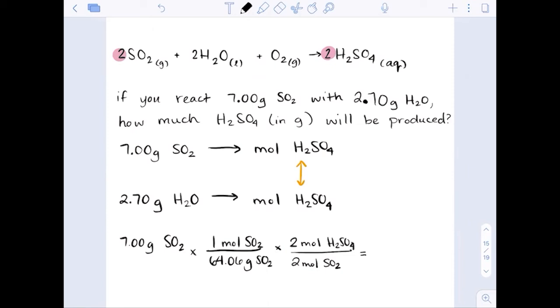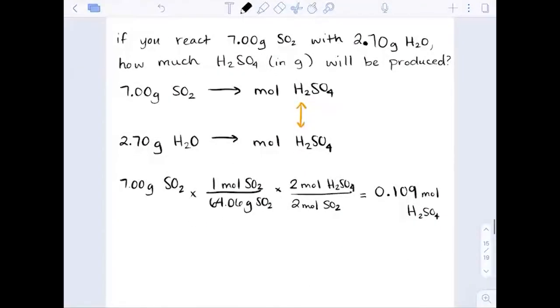Now when we're looking at that value, I like to stop here at the moles. You can go all the way to grams, but again, you're just trying to get to some sort of apples to apples comparison. So we see if all of the 7.00 grams of SO2 was used up, we would produce 0.109 moles of sulfuric acid.